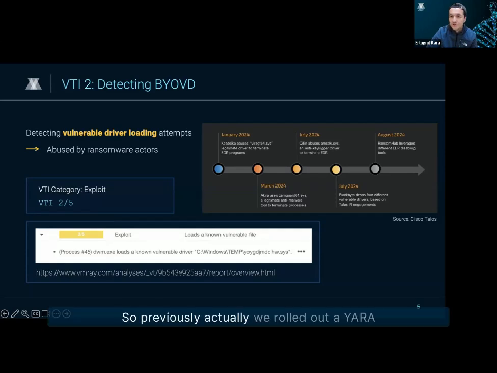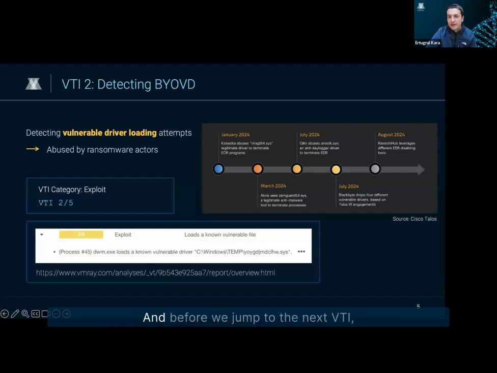Previously, we rolled out a Yara rule around this to catch some of the more common BYOVD related files. But now we have added an extra layer, a VTI, so that we are flagging this earlier.